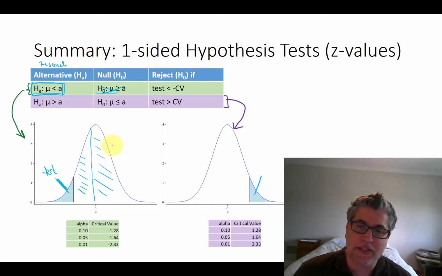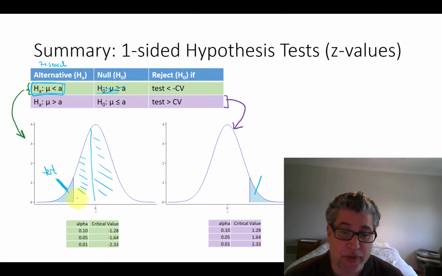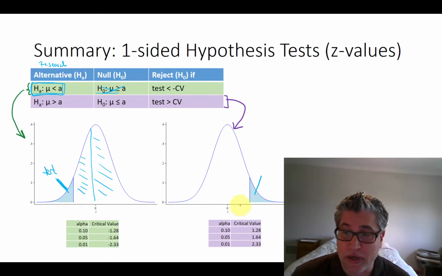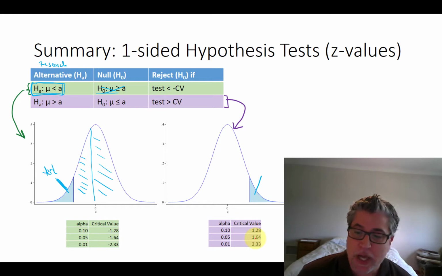So I think this summary slide here is kind of useful. It lays out the two options, a less-than alternative and a greater-than alternative. The other thing is that the critical values come up a whole lot. -1.28, -1.64, -2.33 on this side, or for greater-than alternatives, these are just positive numbers.